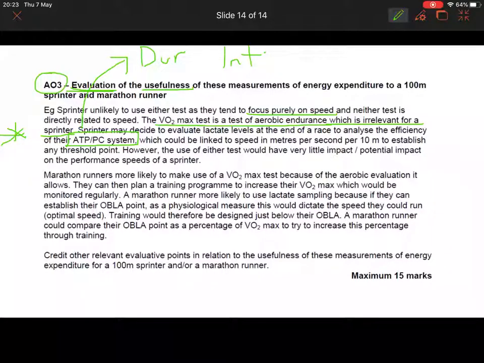Sprinting 100 metres is very high intensity exercise, and therefore the ATP-PC system would be the predominant one.